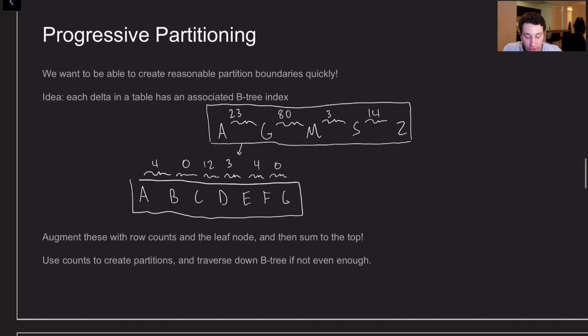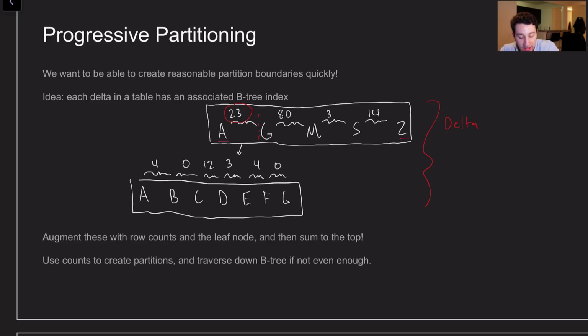Okay, and then finally, just to elaborate on that a little bit longer, this all kind of comes down to utilizing the existing B tree index that exists per delta file. So imagine this is one B tree for one specific delta right here. So we've got keys A through Z. Let's imagine that when I have a number like this, 23 right here, what that means is, okay, for keys starting with A and ending before G, so not inclusive, there's 23 of those rows.